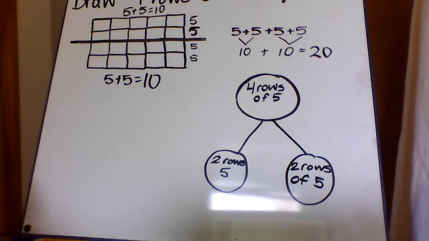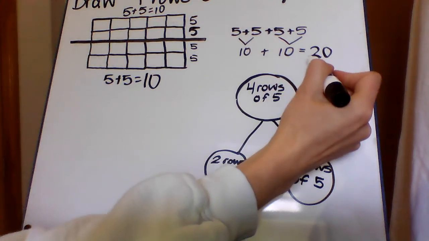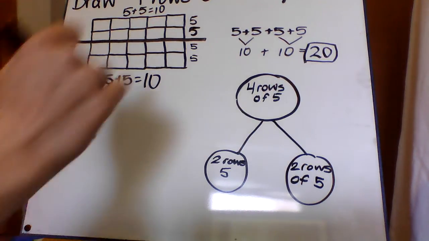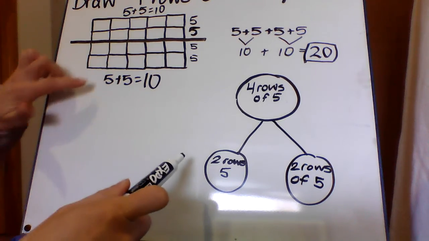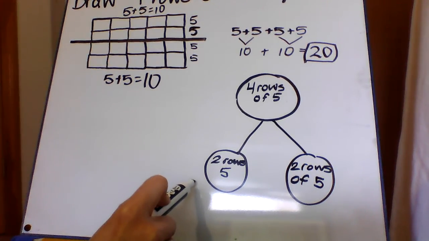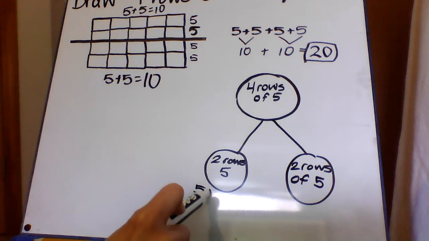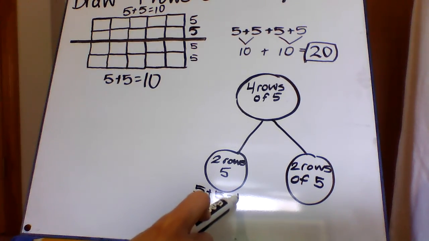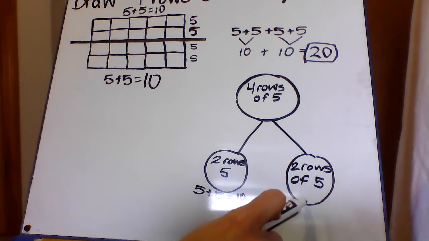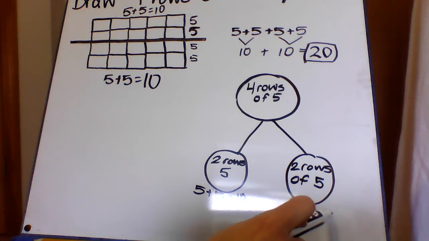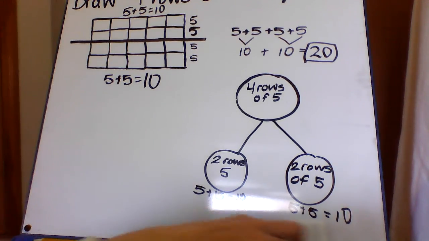So did you notice how our answer we got is 20? So we said 5 plus 5 down here when we wrote our number sentences, and 5 plus 5 down here. So 5 plus 5 is going to equal 10.